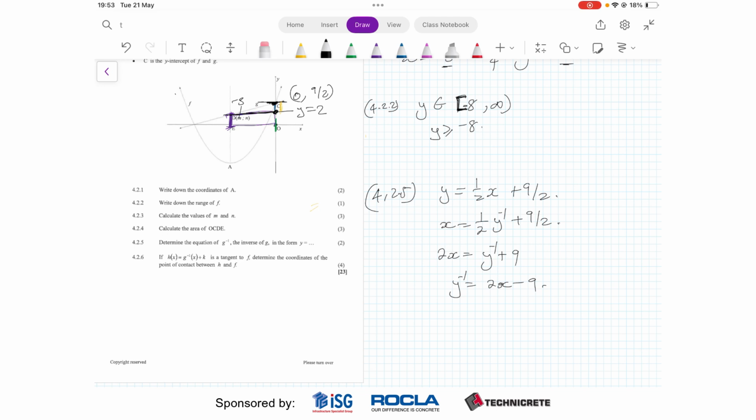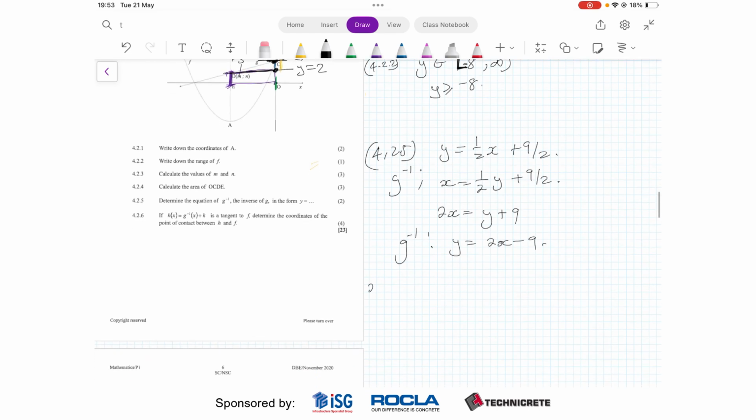Let's just write g inverse is given by that instead of writing y inverse there. Finally, 4.2.6.